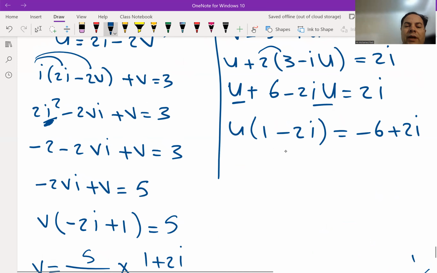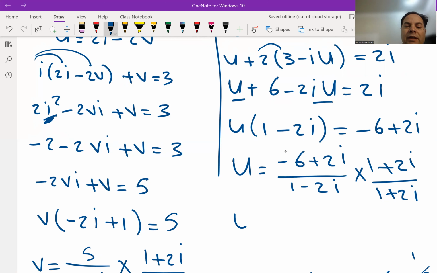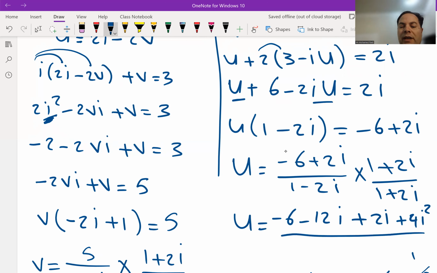Then u as the subject is negative 6 plus 2i divided by 1 minus 2i. Rationalize by multiplying by 1 plus 2i over 1 plus 2i. Then expand and simplify: negative 6 times 1 is negative 6, negative 12i plus 2i plus 4i squared, divided by, if you expand and simplify, 5.